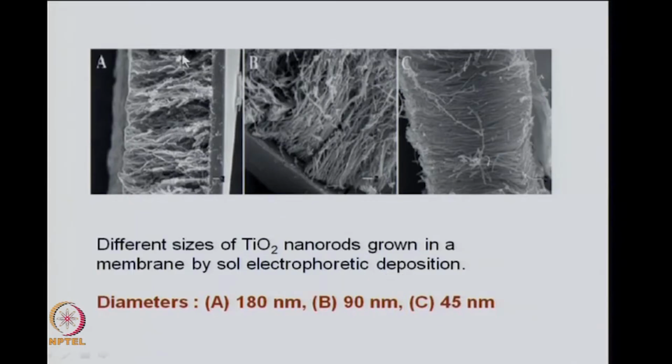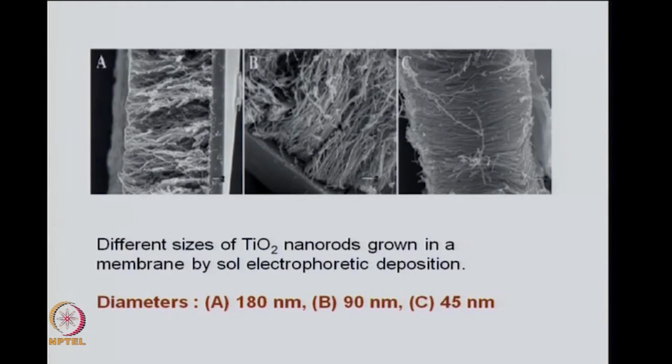Depending on your template you can get diameters of the order of 180 nanometers in this case, 90 nanometers in this case, and much finer wires, as you see, of 45 nanometers diameter of TiO2, which have been grown using the electrophoretic method.